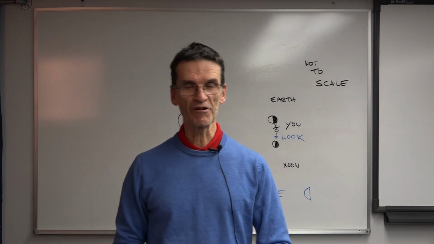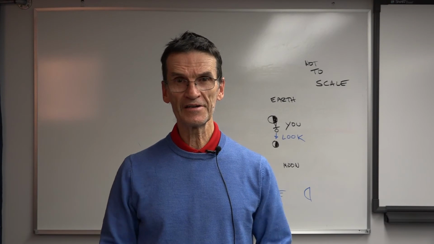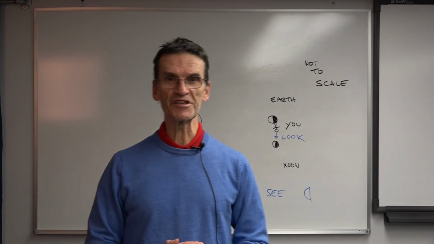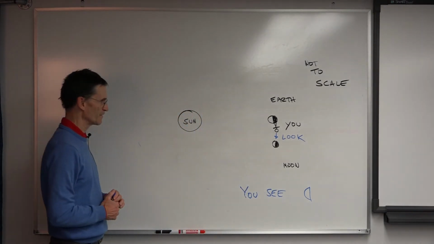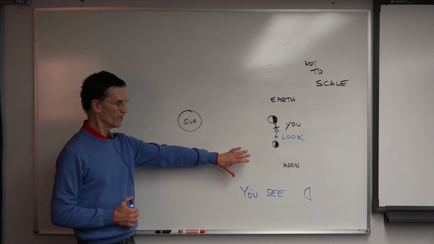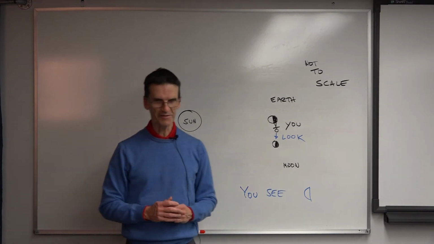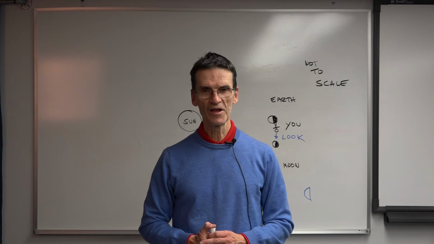It has to do with where are you, where's the moon, where's the sun, where's the Earth. And given those four different positions, that's going to change what you see. All right, that's one possibility. You could see a half of a moon. I know that's not a scientific term, a half of a moon, but it certainly describes what you see.